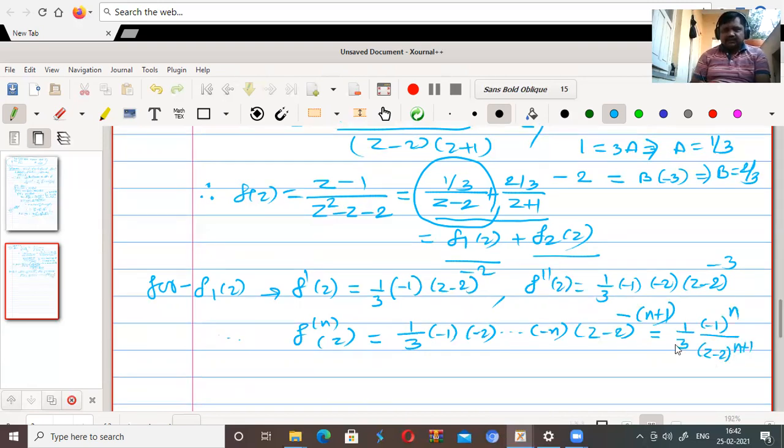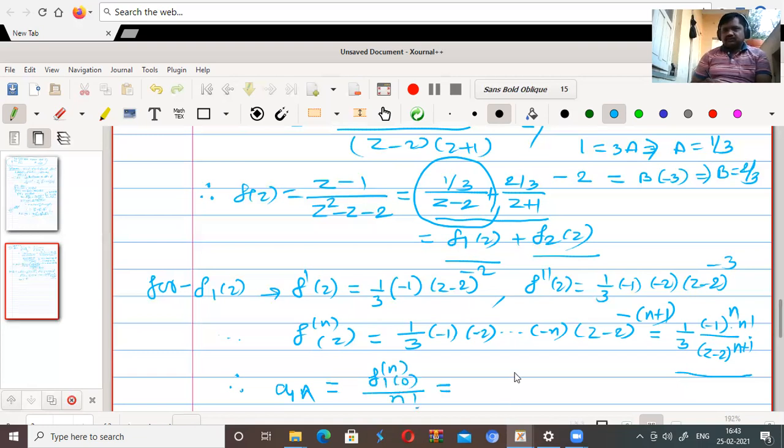So f1 to the n at z is 1 by 3 into (minus 1) to the power n times n factorial upon (z minus 2) to the power n plus 1, and I will call the coefficient a1n. What is a1n? It is f1 to the n at 0 upon n factorial.